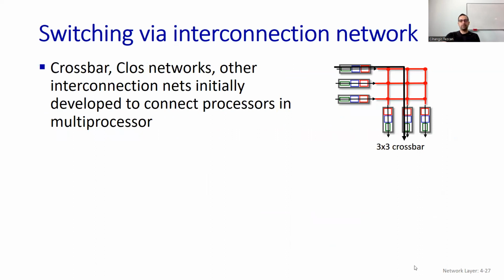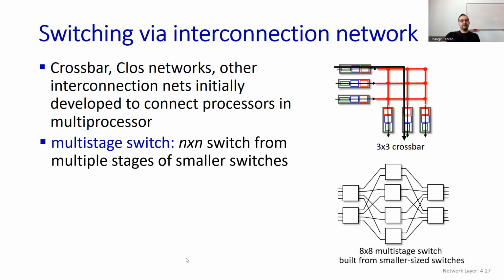So, switching via interconnection network. Crossbar, Clos networks, and other interconnection nets were initially developed to connect processors in a multiprocessor. Multi-stage switch: an N times N switch built from multiple stages of smaller switches.